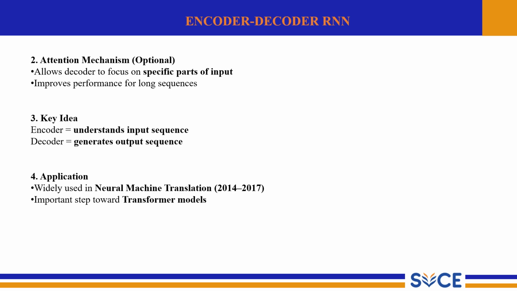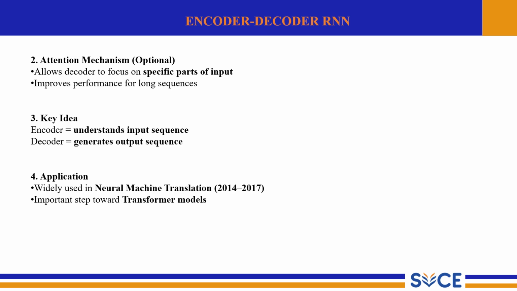Second, the decoder takes this encoded information and generates the output sequence step by step. When attention is added, the decoder becomes even more powerful because it can selectively focus on different parts of the input while generating each output. So instead of relying on a single compressed representation, the model uses context-aware dynamic focus.